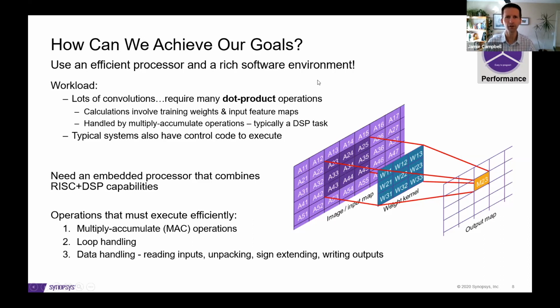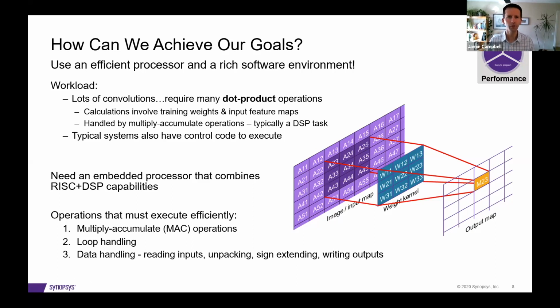What we're doing here in the case of a vision-based application is taking a frame of input data, as well as the trained weights from our graph. We're multiplying individual pieces of those together, accumulating the results, and storing them as an output. This multiply-accumulate operation is something that's typically handled by a DSP, so it should be familiar as a DSP operation.